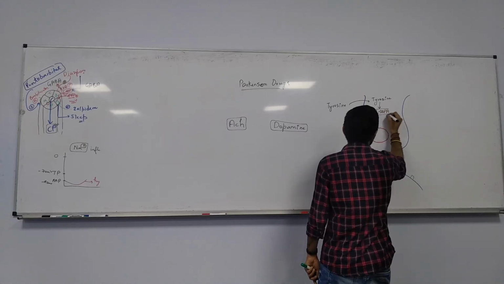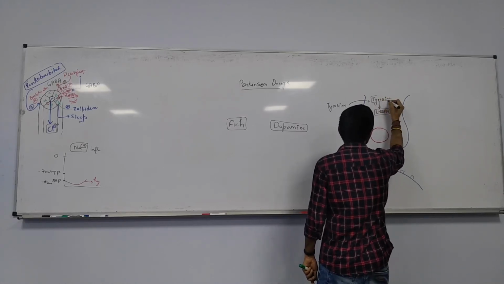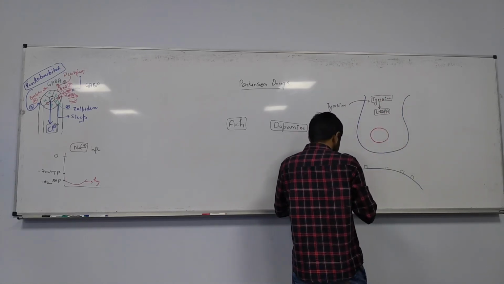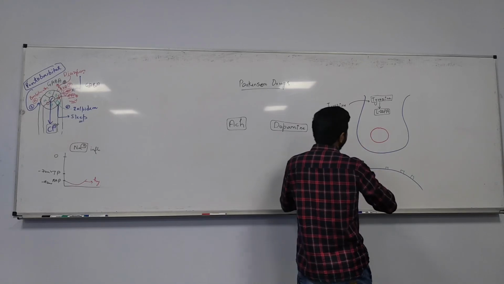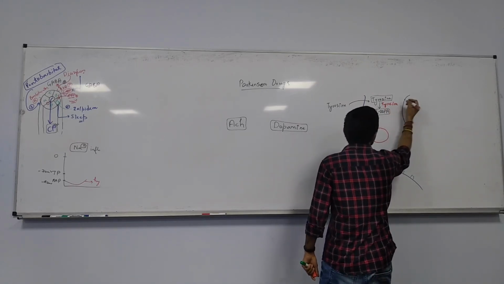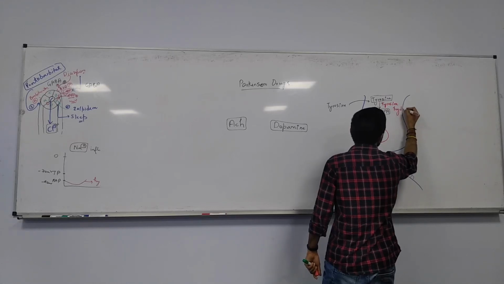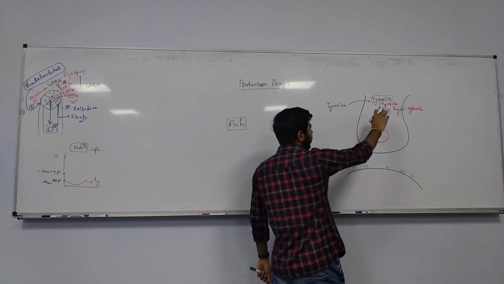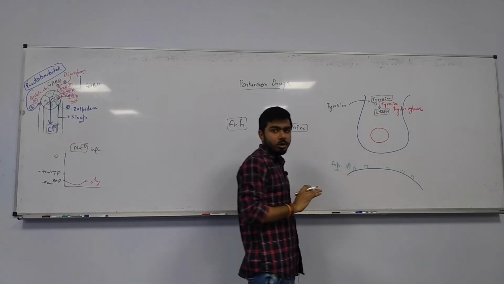Converts into what? Levodopa. Now there is an enzyme by the help of which it converts. This enzyme's name is tyrosine hydroxylase. With the help of this enzyme, tyrosine converts into levodopa.